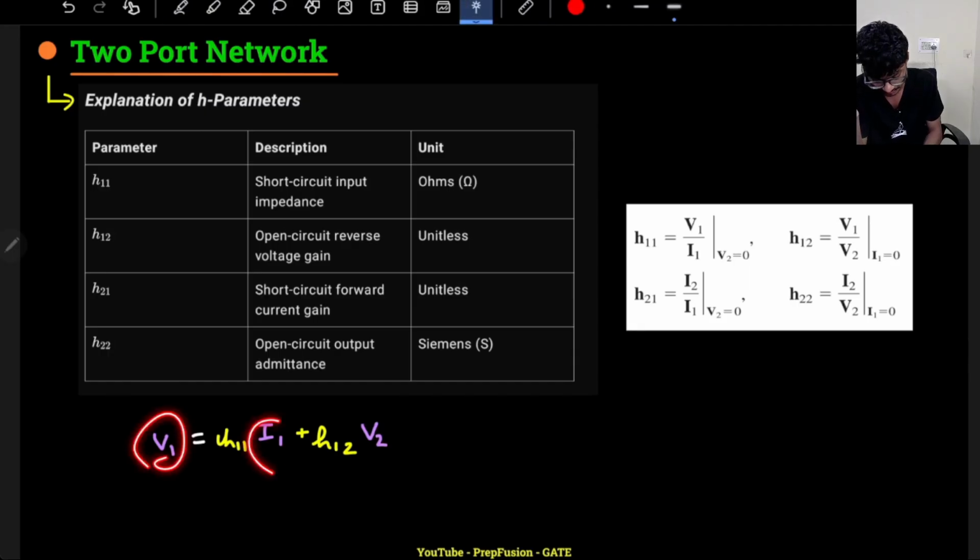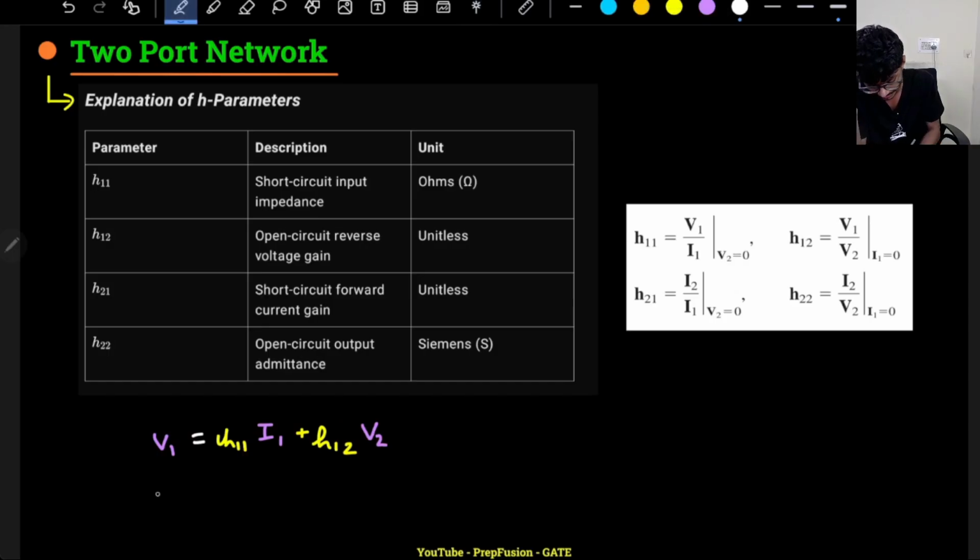I have taken V1, I have taken I1, I have taken V2. So what is left? I2 is left. So ultimately I will write here I2. I2 will be equal to, now it is simple, right? I know my independent variables I1 and V2, so I will write here H21 I1 plus H22 V2.